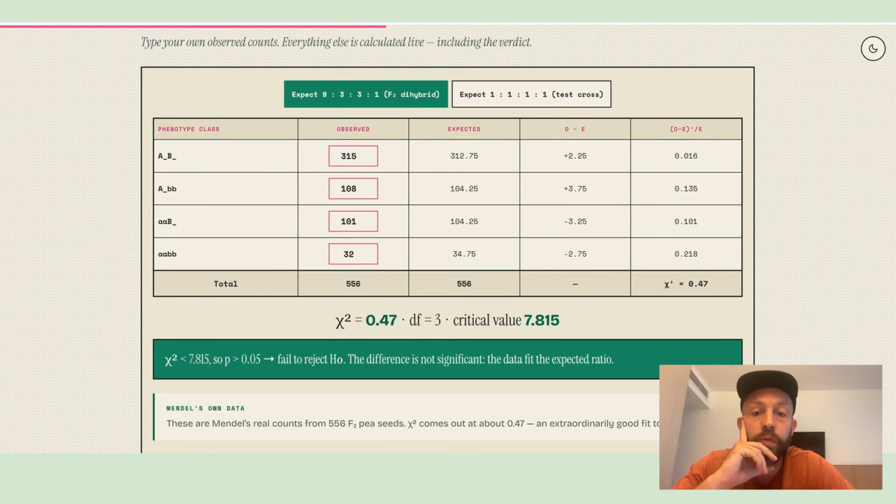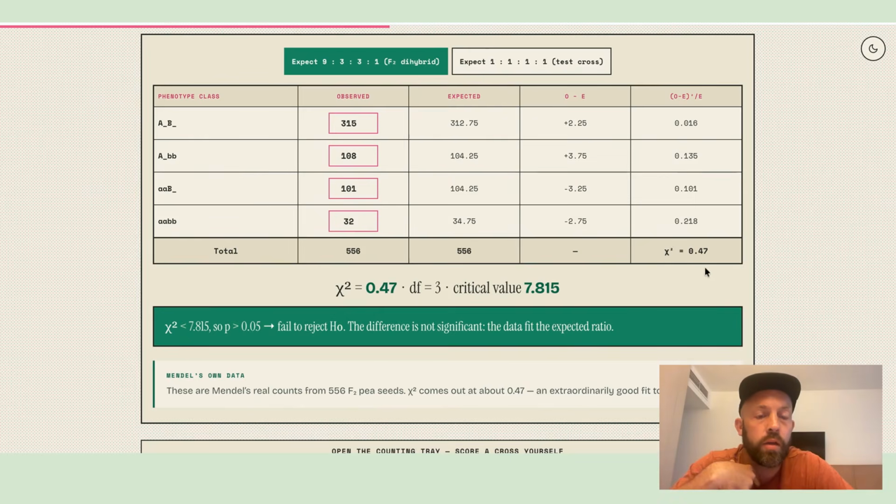Now, the degrees of freedom, which is where we end up with a chi-square value here, which is 0.47 in this example. We've got our phenotypes, and then here we're thinking about what the significance of this value is.